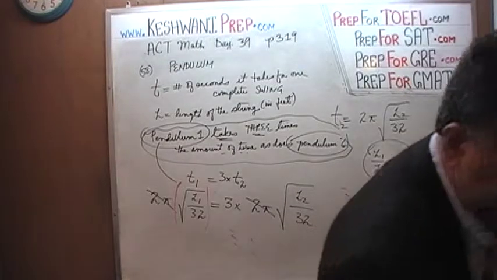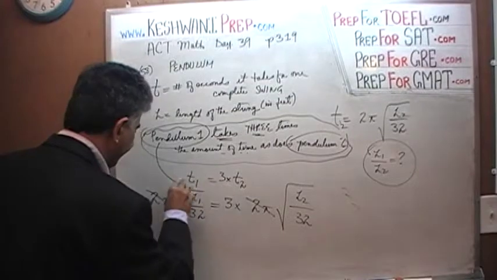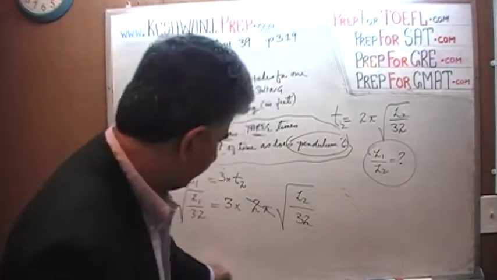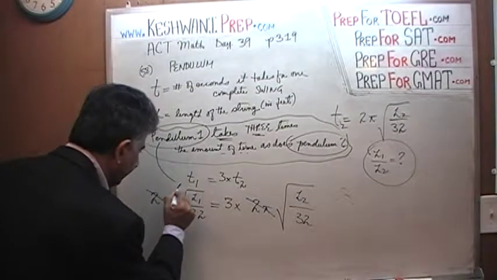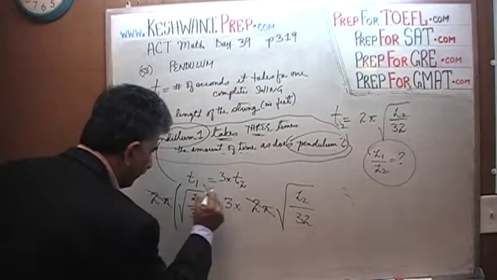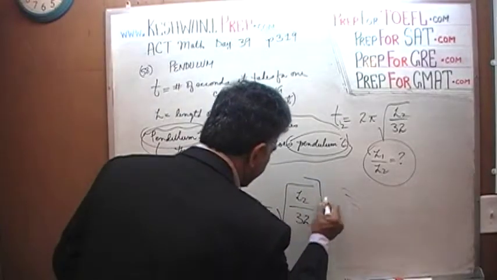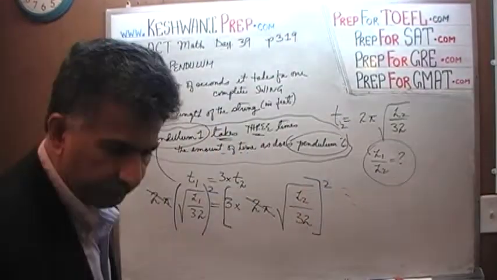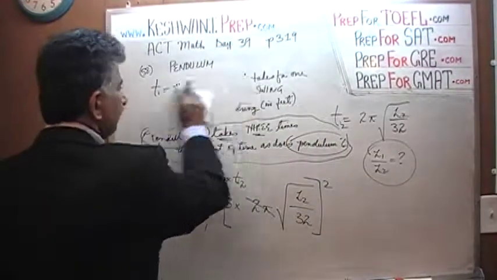Oh well. Let's take this side of the equation and square it, and take this side and square it. That's it. We're squaring both sides of the equation. Let's pick up from the top here.